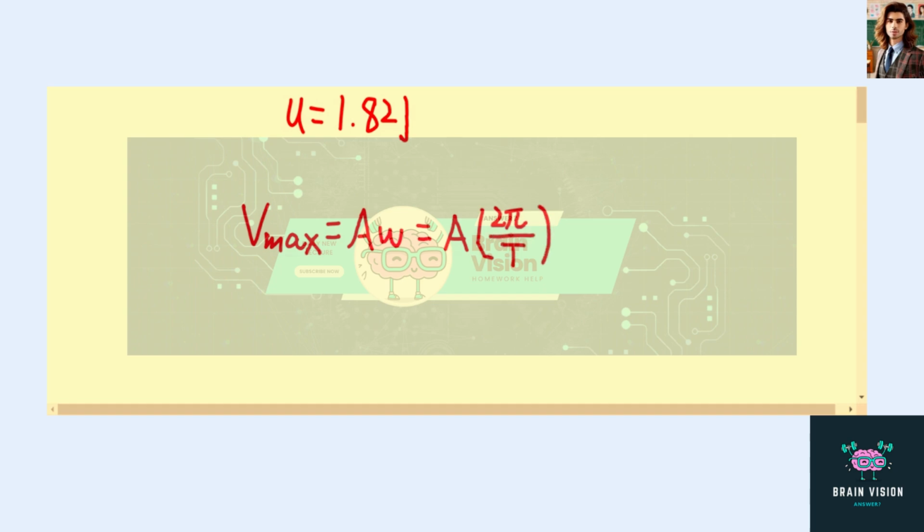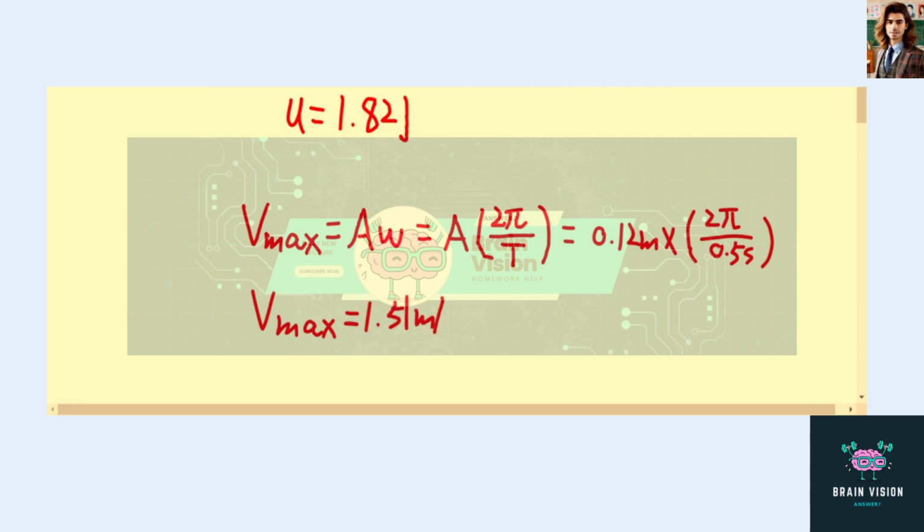Angular frequency is equal to 2 pi over the time period, so this is 0.12 meter times 2 pi over 0.5 seconds. And this will give us the maximum speed of about 1.51 meter per second. And this is the answer for this question.